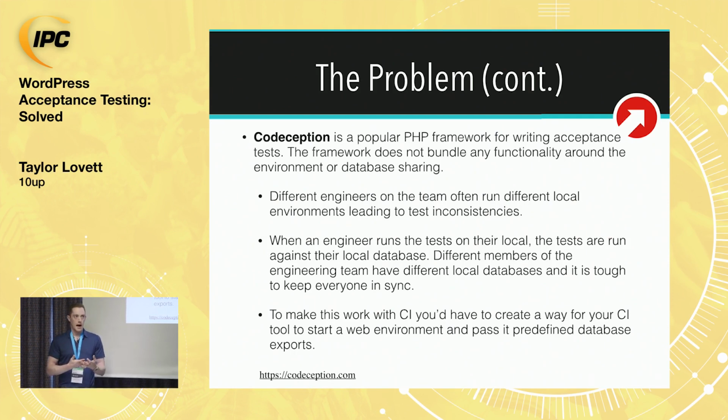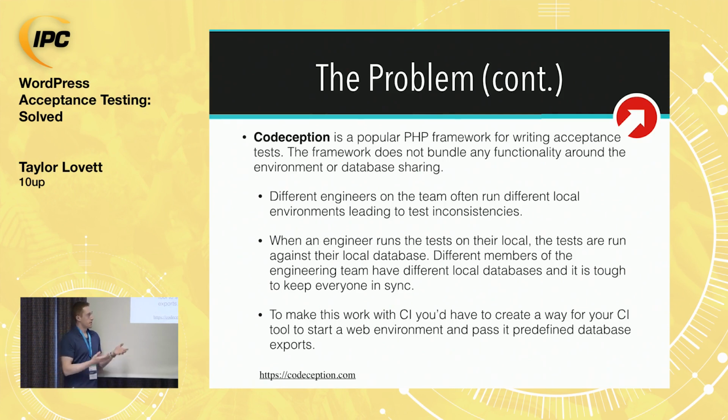So now we get in a situation where we have this database dump for the acceptance test that we now have to pass around to our different colleagues and make sure everybody is running the acceptance test against the correct database. And again, you run into that environment problem where we have to make sure your local environment is set up like my local environment, because your tests are coming up with different results. That is really where it gets to be difficult.